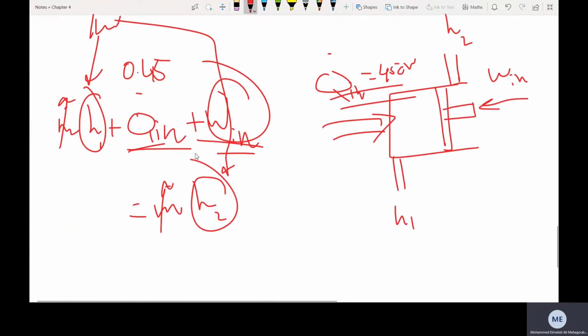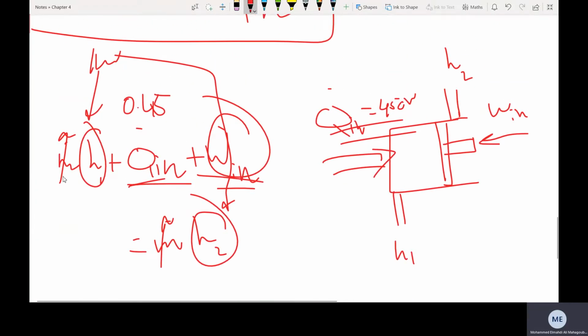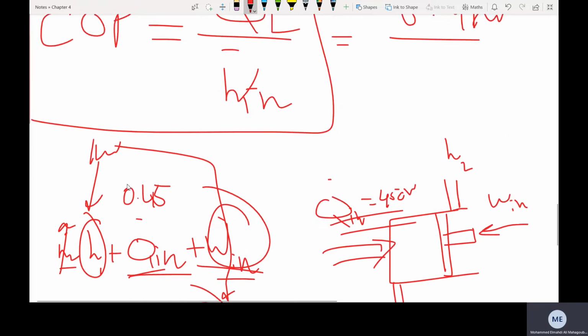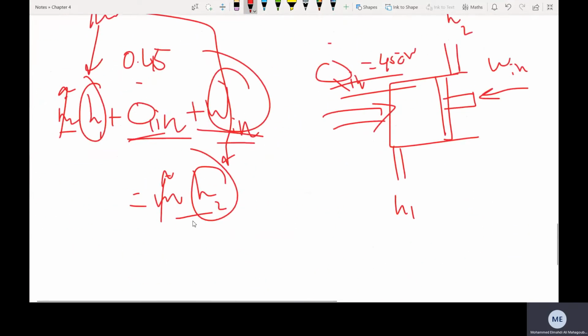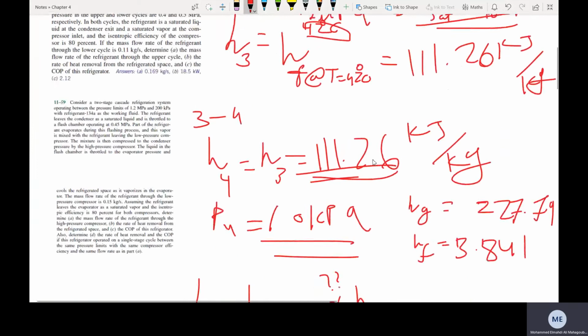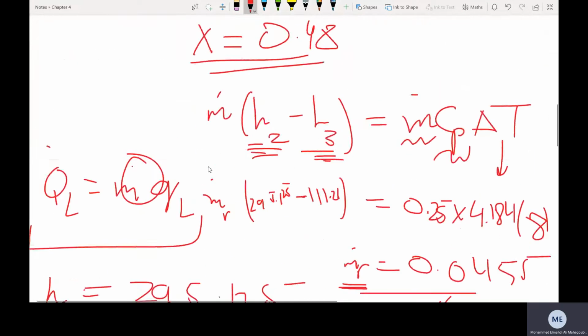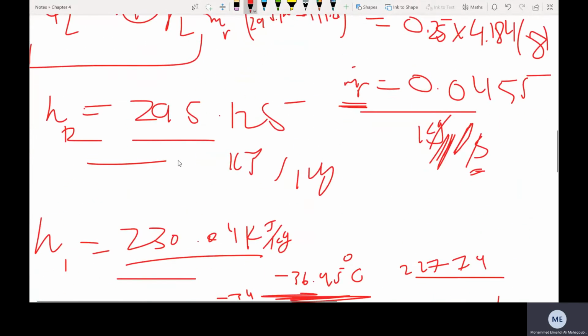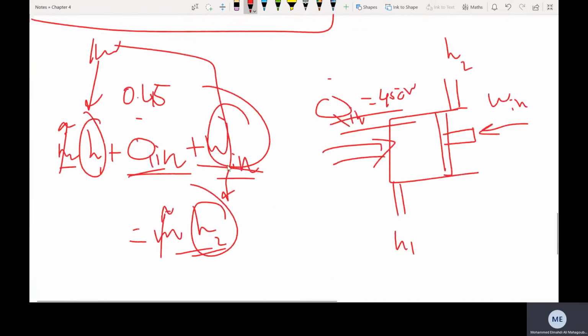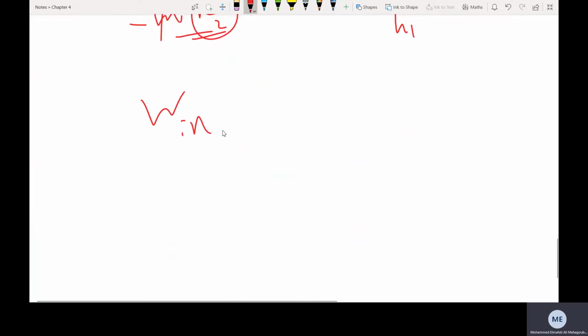I'm doing it quickly because the rest is just calculator application, but I want to do it in front of you so you get used to it. H2 is 295.125. Shift solve: now we have our work into the cycle equal to 2.51 kilowatts.